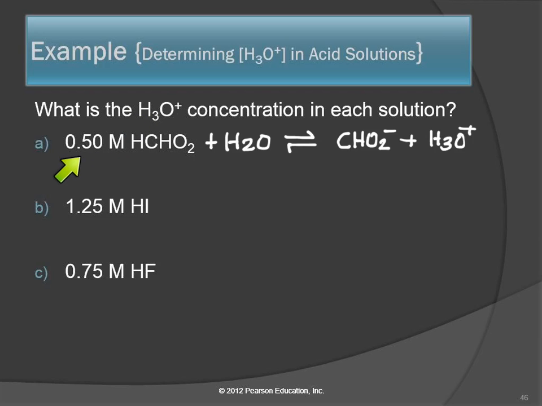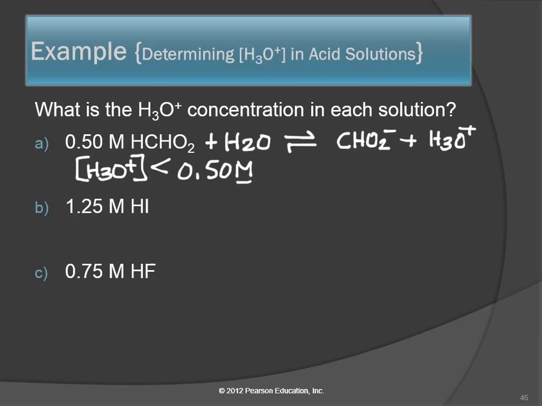All we can say is it's less than 0.5. We have 0.5 moles per liter of the weak acid. Some of it produces hydronium ion, but not all of it. So all we can say about the weak acid is that the hydronium ion concentration is less than 0.5 molar. Some of it ionizes, but not all of it.